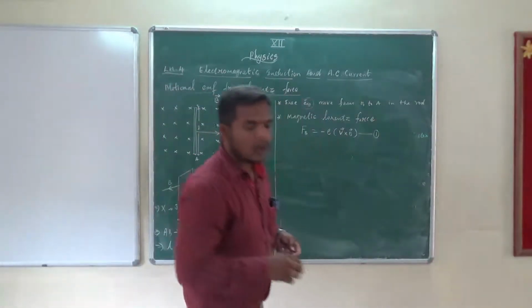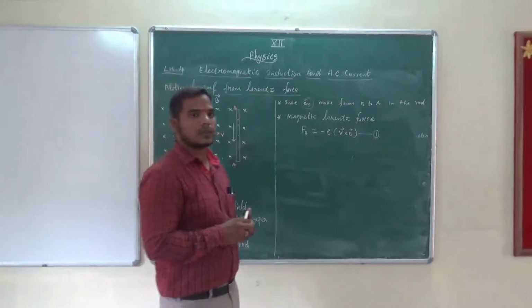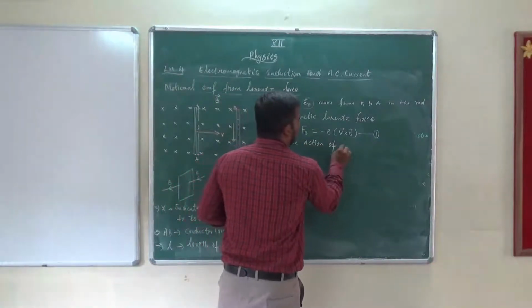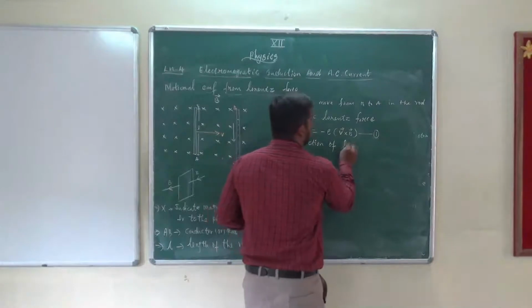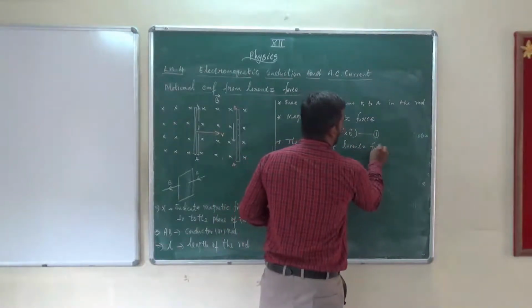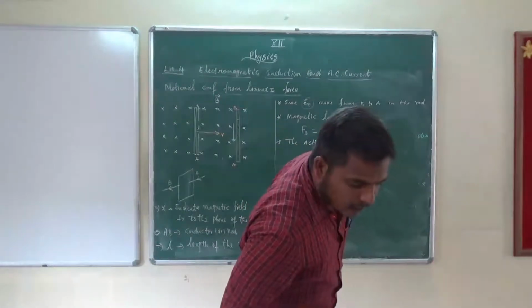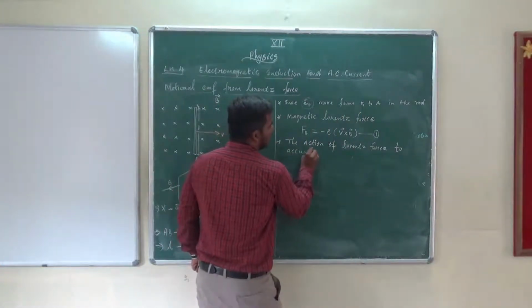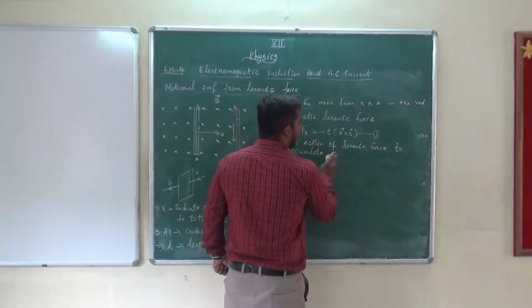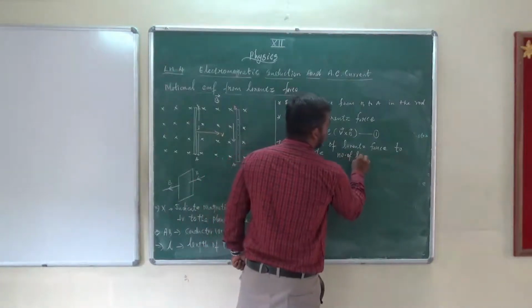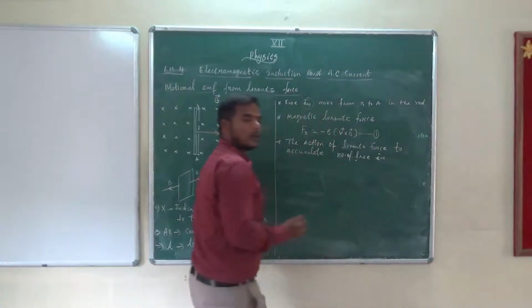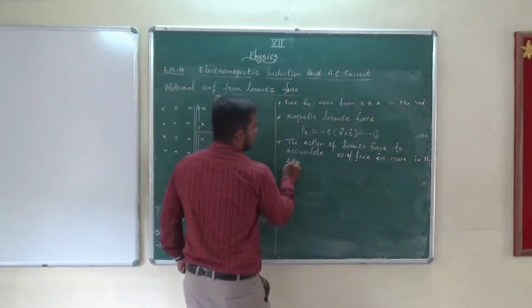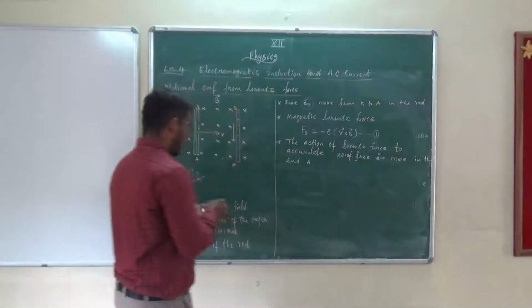Just a minute. Due to the action of Lorentz force, a number of free electrons accumulate at end A. See, I will show that.